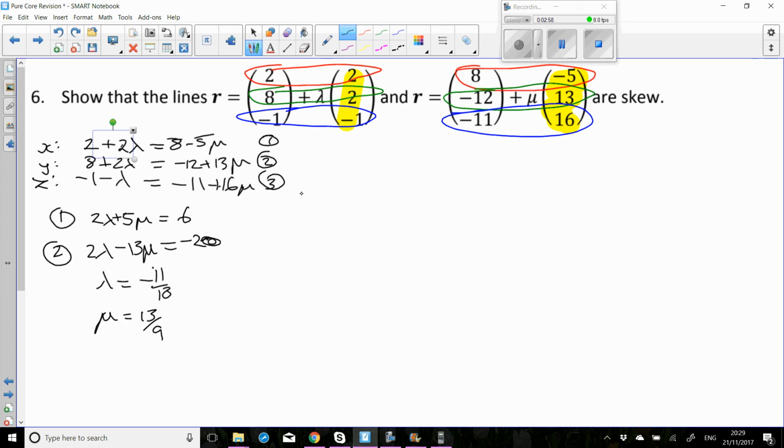Right, so we use equations 1 and 2 for that, and it's very important that we keep track of that, because now we're going to check in equation 3, so it has to be a different equation. Now equation 3 says negative 1 take away lambda equals negative 11 plus 16 mu. So we put our values in.